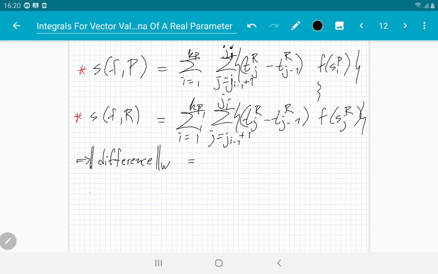Now, here will come the key step in the proof. When I look at the difference, the sums have the same indices, and they're the same t_j's and t_{j-1}'s appearing here and there.